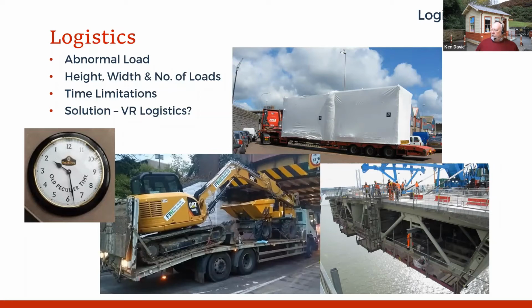With the size and weight of the units, the mechanical handling systems, the cranes, were specially designed to lift the bridge decks from barges on the river and lift them up onto the deck. So logistics has to be taken into account when you're looking at offsite manufacture, because of the constraints of the road system and potentially the limitations of having the right equipment to lift the assemblies and whatever's been pre-manufactured into place.